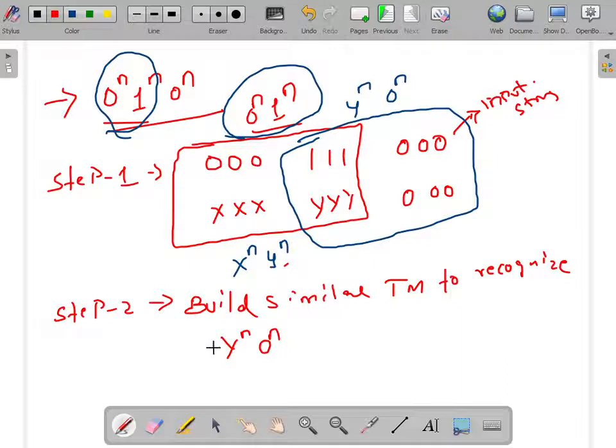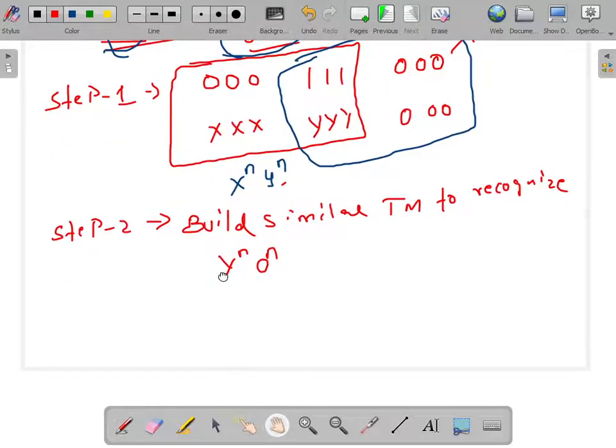So my step 2 is to build the similar Turing machine to recognize y power n and 0 power n. I got x power n, y power n and y power n, 0 power n. So how to do this?